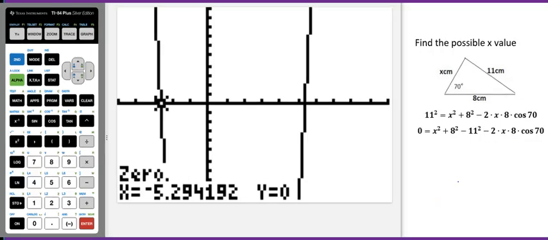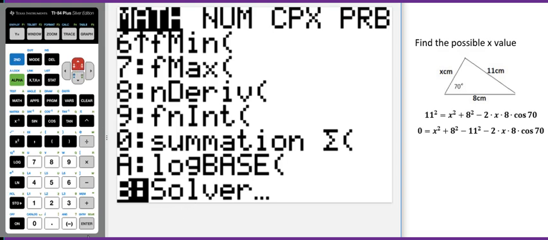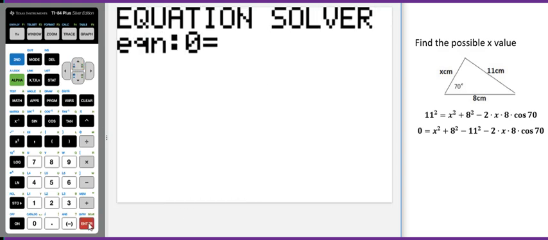There is another way to solve this equation by using the graphing calculator. We go to math, then use the upper arrow, go to solver, enter. We need the equation equal to 0.